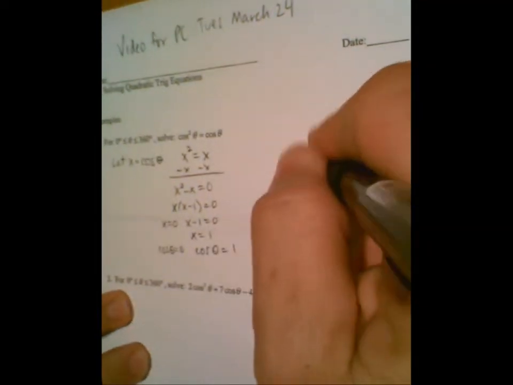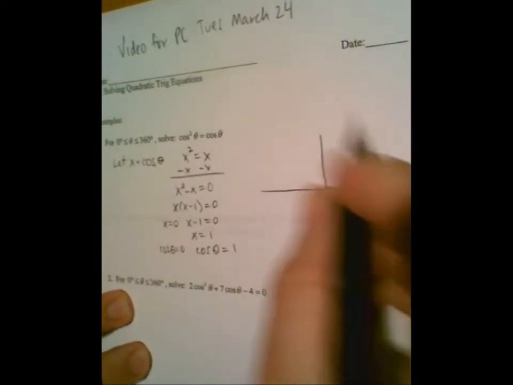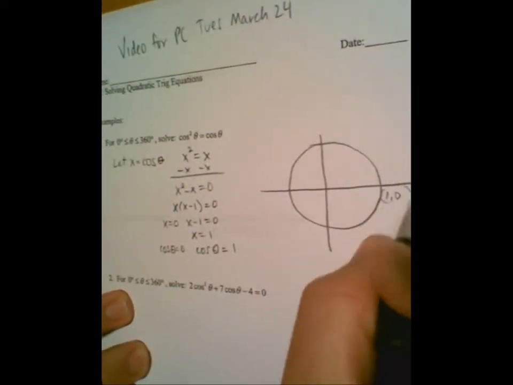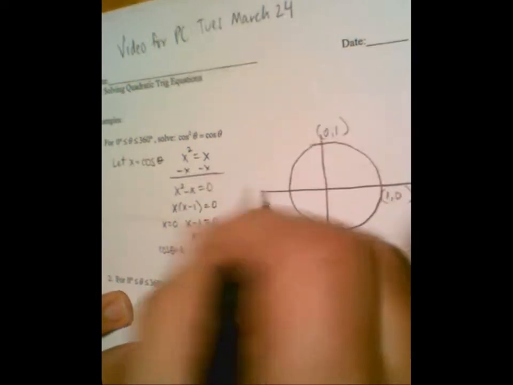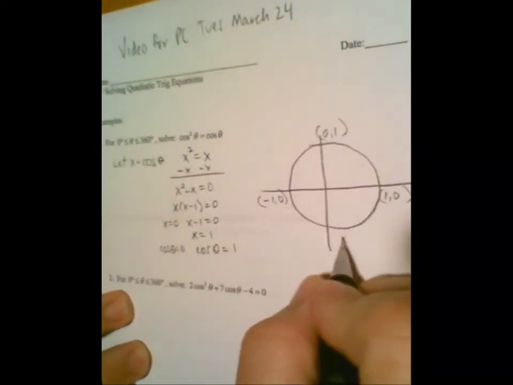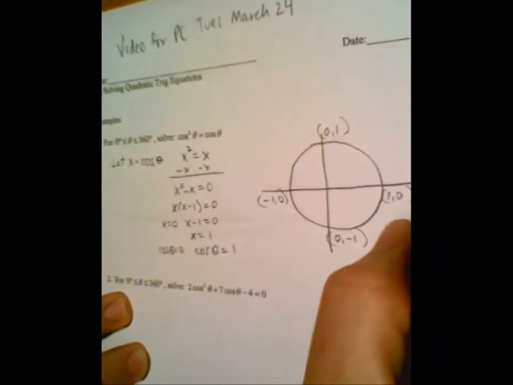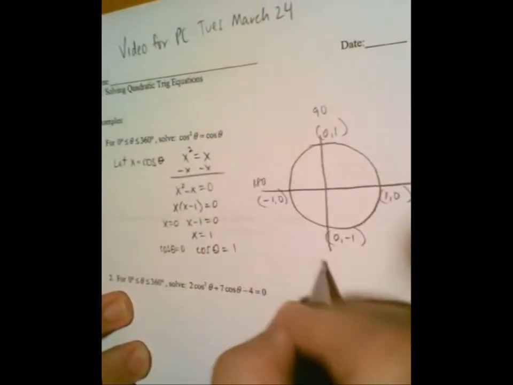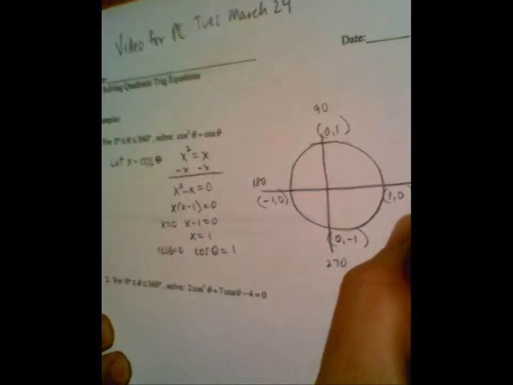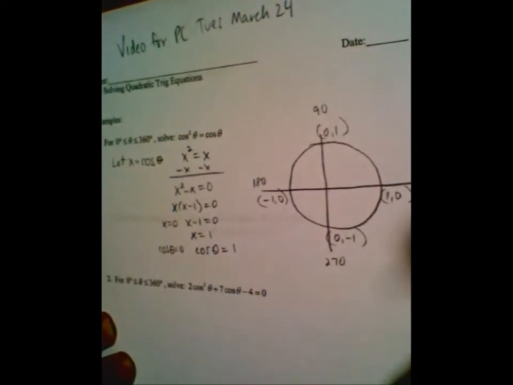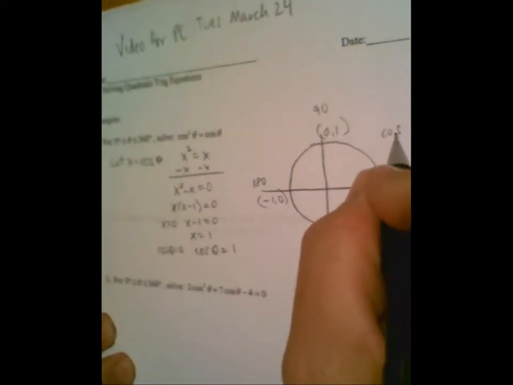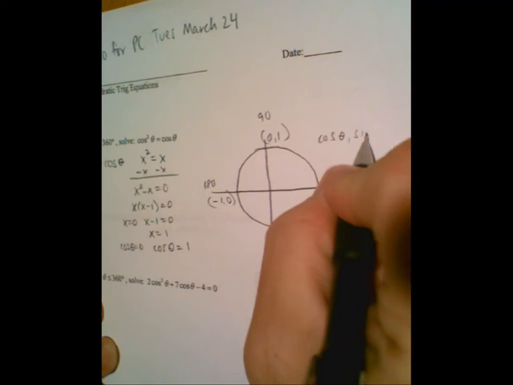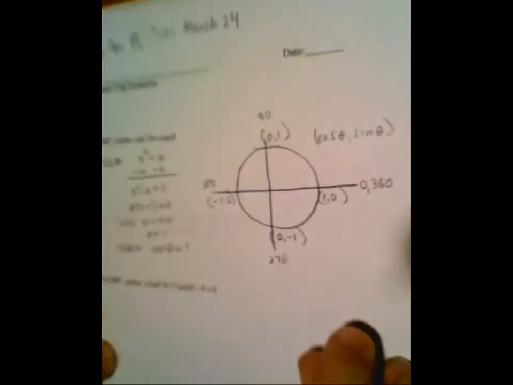Now, I'm going to go back to our unit circle that we go back to over and over again. 1, 0, 0, 1, negative 1, 0, 0, negative 1, and that's 0, 90, 180, 270, and 360. It goes cosine theta, sine theta. That never changes, okay?